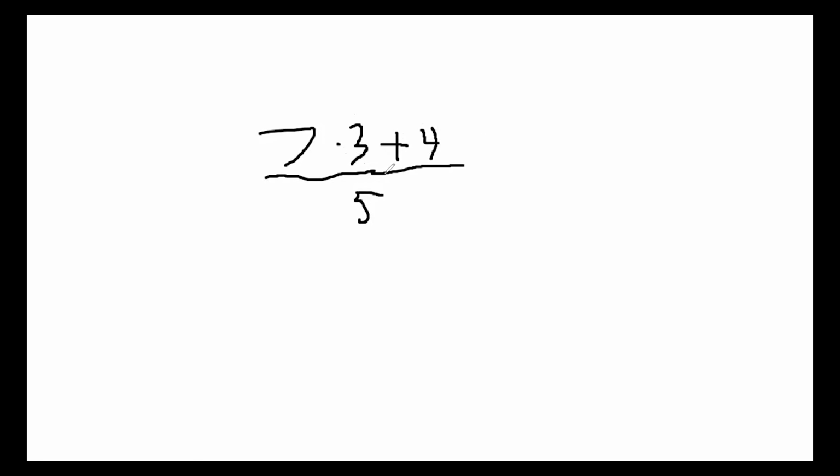Okay. Order of operations stuff. So this is kind of tougher. This is kind of a preview of what we're going to be doing. So multiplication comes first. You have to do 7 times 3 first. Then you have to add the 4. And then you have to divide it by 5.